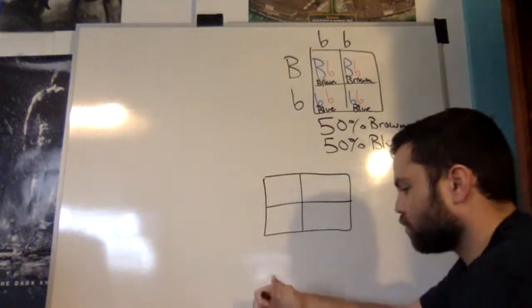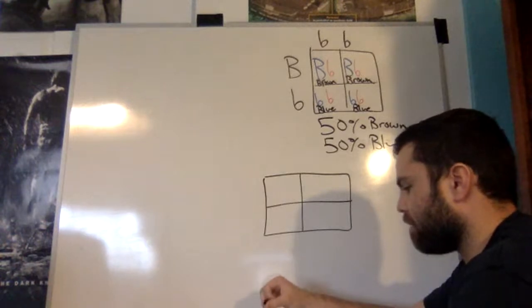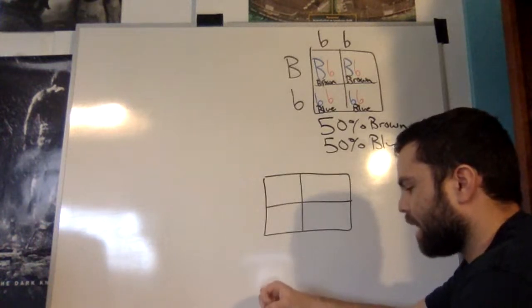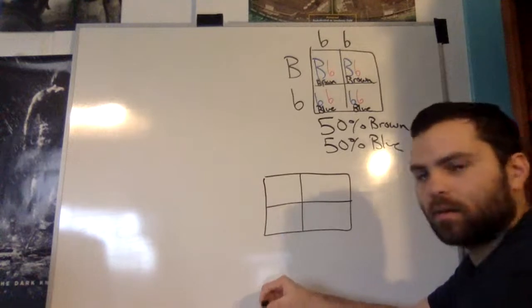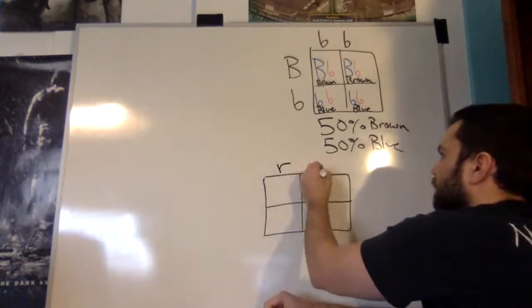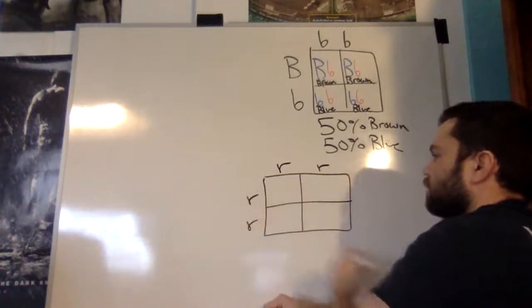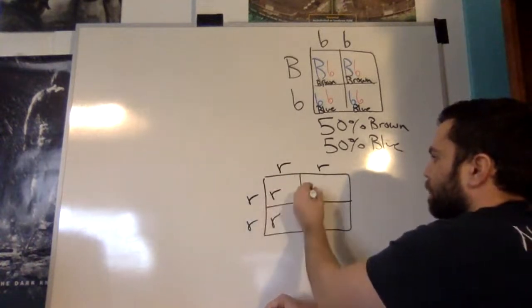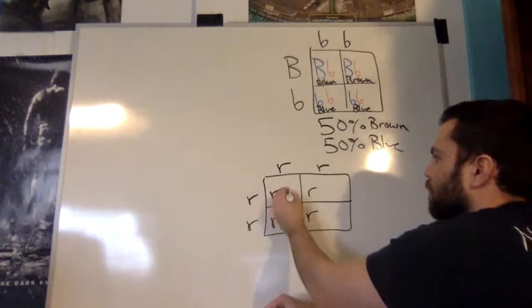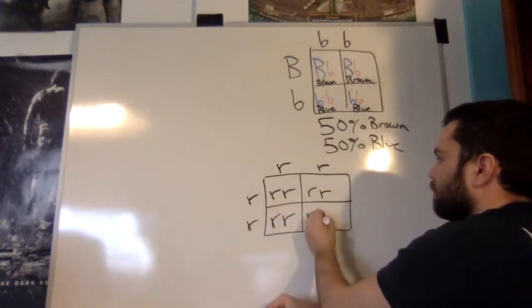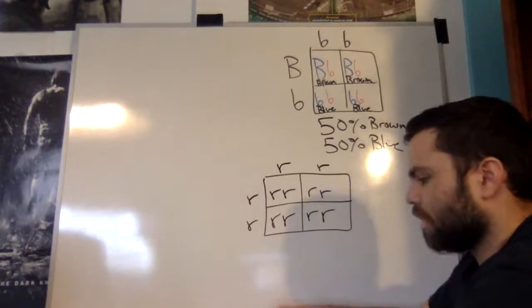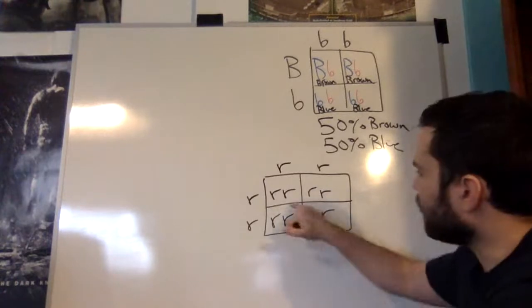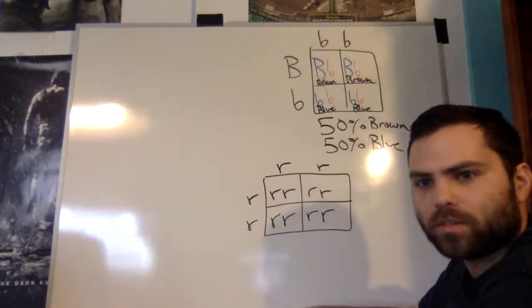All right, so this next one says, what percent would an offspring have black hair with parents that have rr and rr? So all we have to do is we fill it in. There are lowercase r's. All right, we bring them down. And then we bring them across. Now remember, black hair is dominant. Is there any uppercase letters in any of those squares?